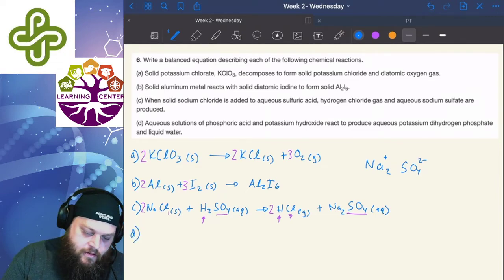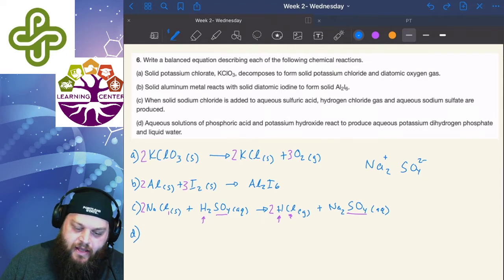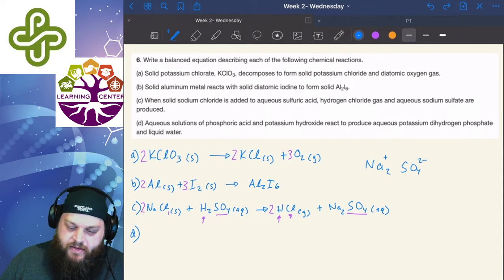D, let's read it. Aqueous solutions of phosphoric acid and potassium hydroxide react to produce aqueous potassium dihydrogen phosphate and liquid water.